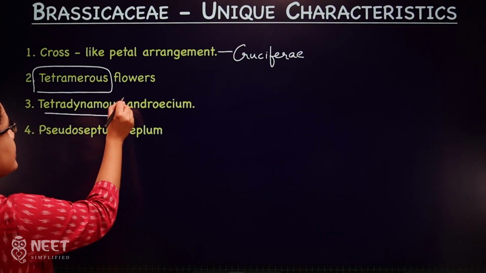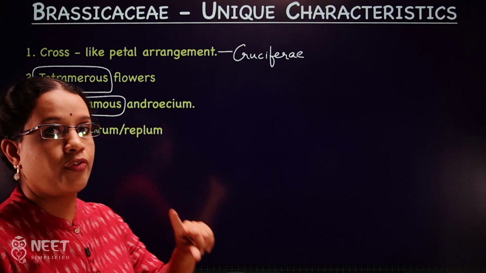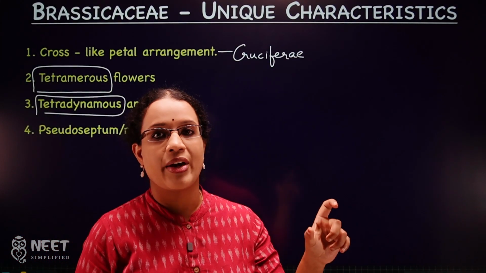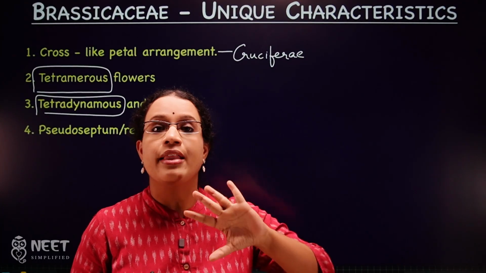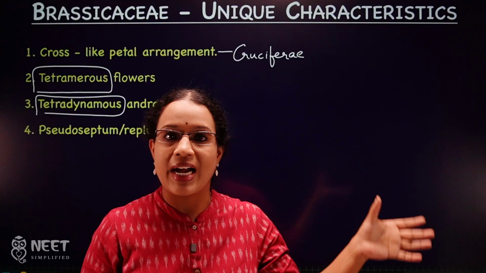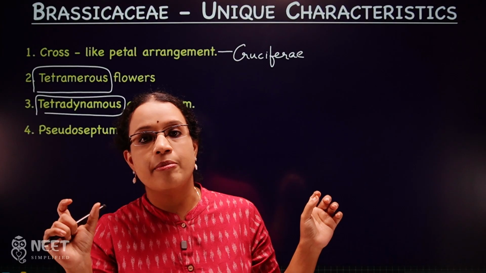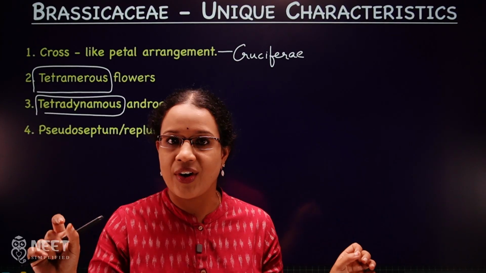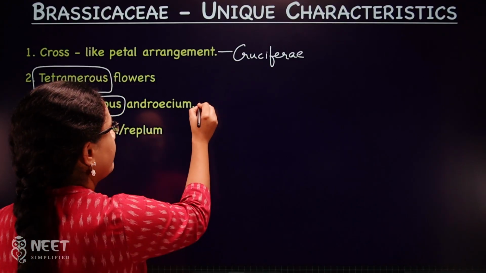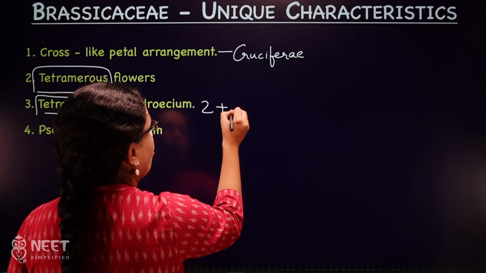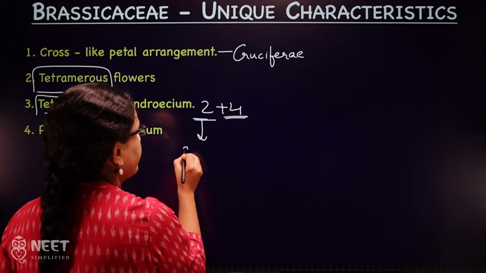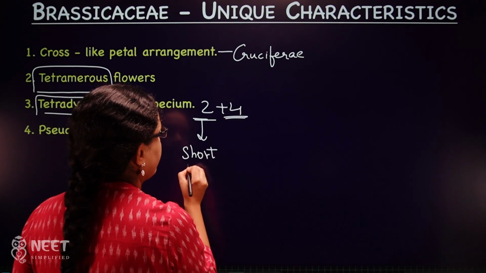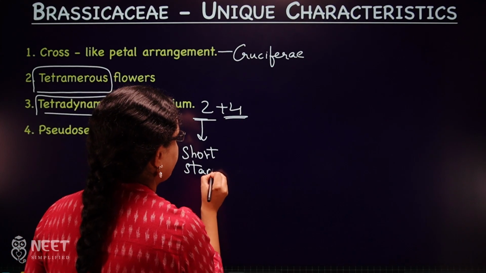Now, coming to Tetradynamous. You are not going to confuse the terms Tetramerous and Tetradynamous. Tetramerous represents the number of the floral parts. Tetradynamous is only regarding the Androecium, which is the 2 plus 4 arrangement of the stamens, isn't it? The 2 short stamens and the 4 long stamens.